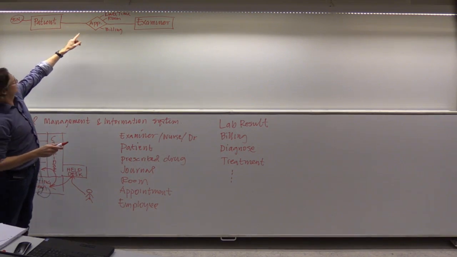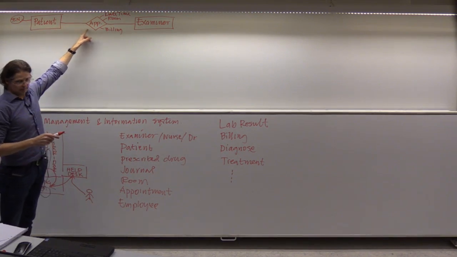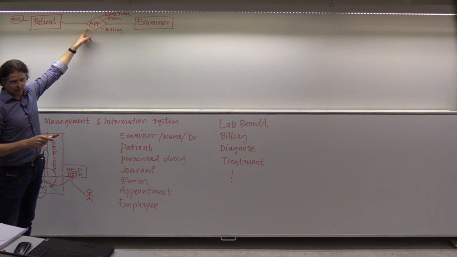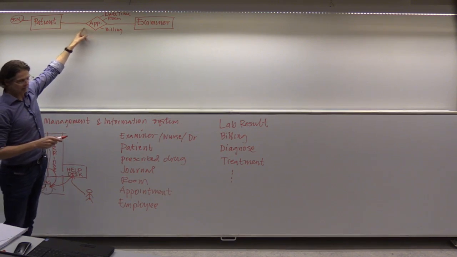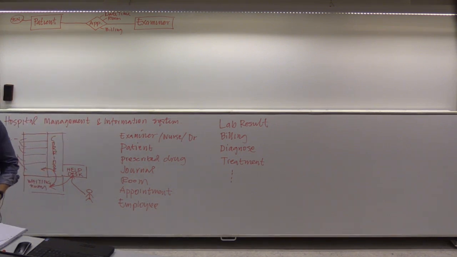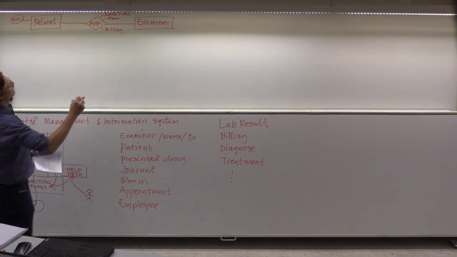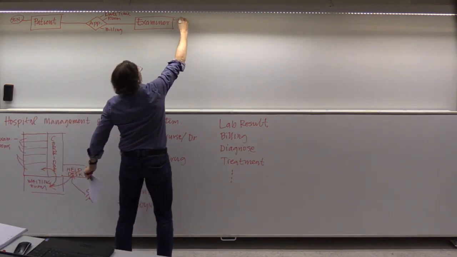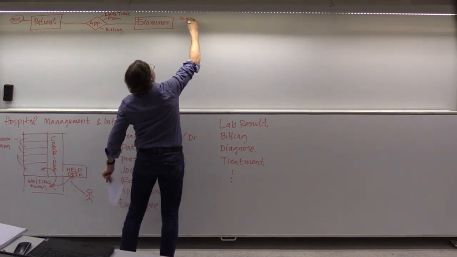And we shall have a look at that relationship later on when we turn that into a table, because that's when things get a bit more interesting. And the examiner, I put an employee ID on it.